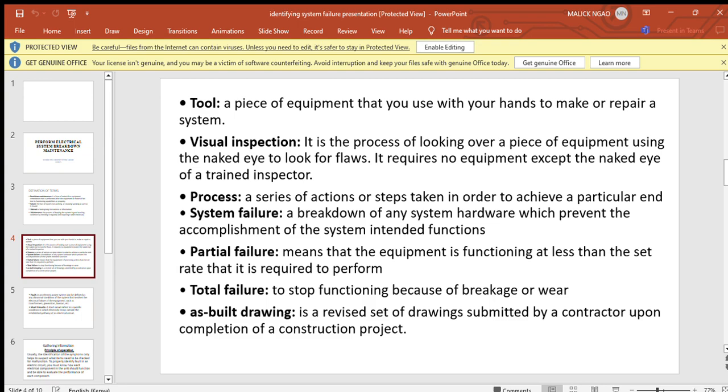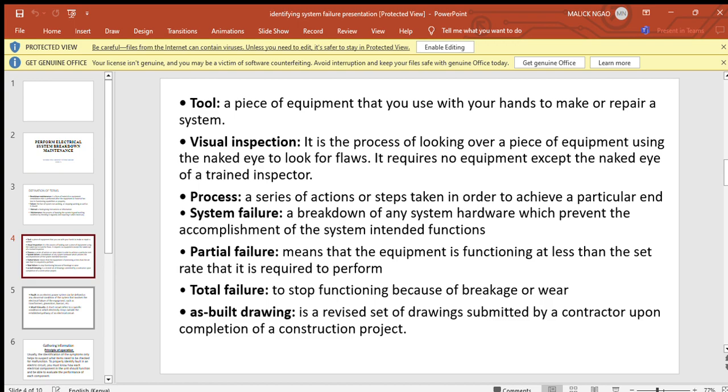It requires no equipment except the naked eye of a trained person or an inspector. The next term we are going to discuss is process. A process is a series of actions or steps taken in order to achieve a particular end.